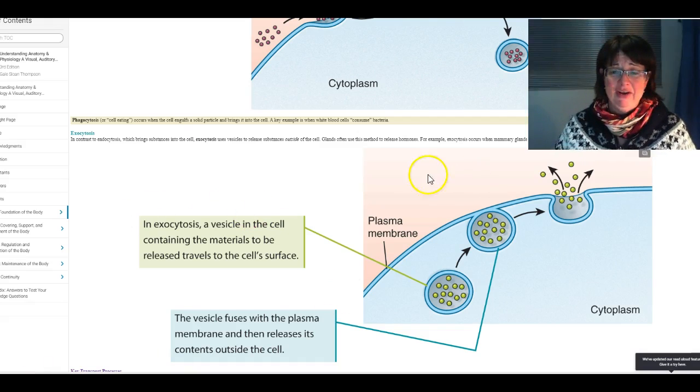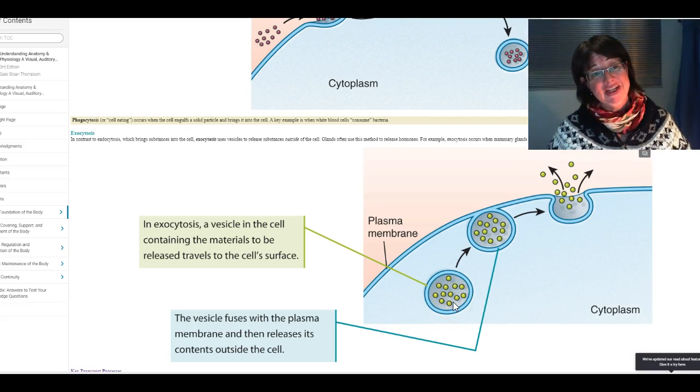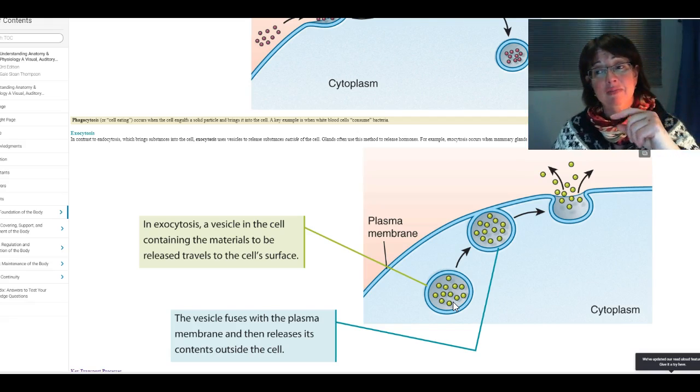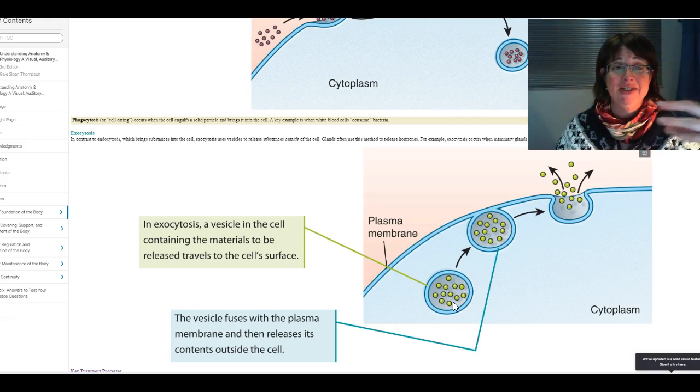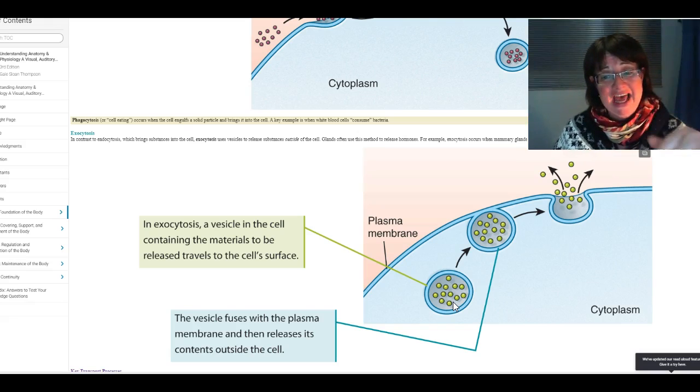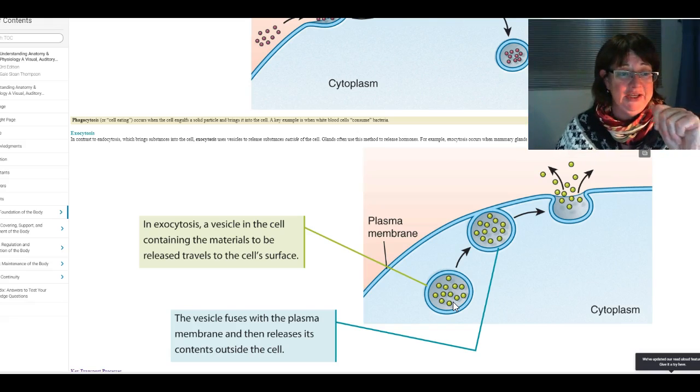I really like that video because it shows how exocytosis will take the vesicle, and these are the proteins that have been made, if you remember back to your organelles. They were coded for in the nucleus, made with the ribosomes when the messenger RNA came out of the nucleus with the ribosomes, matched up with the transfer RNA, and then went into the endoplasmic reticulum.